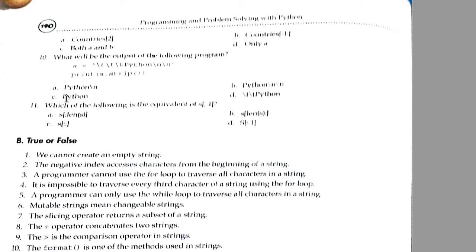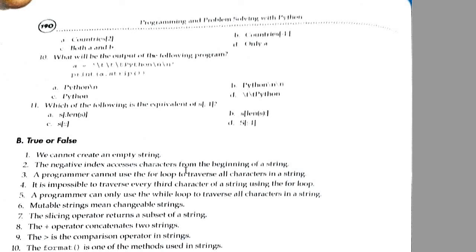Now look at the last question. Which of the following is the equivalent of S[:-1]? So the question is saying which of the following is the equivalent of S[:-1].